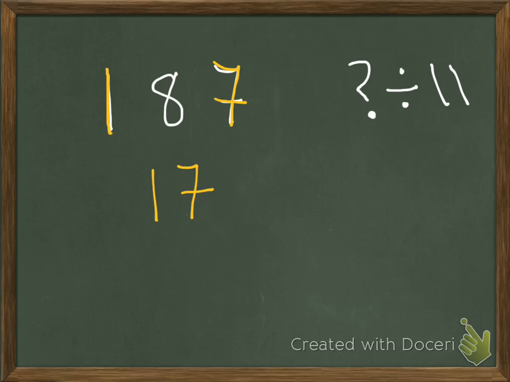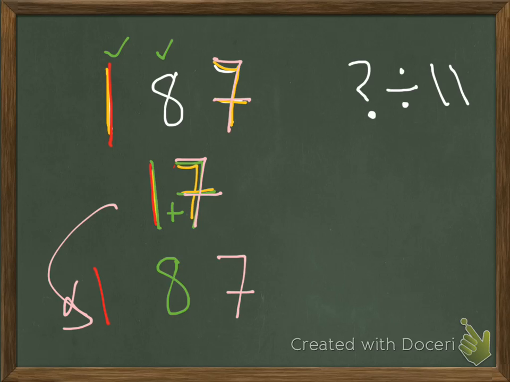Well, let's have a look. Take the first number, 1. Add two numbers together, and that gives me 8. Yep, that works. So I've got the 1 and the 8. And then we take the last number, 7. Yep, there's a 7 there. So if you like, I've picked my number here and seen whether it goes into 187. So the answer is yes, 17.